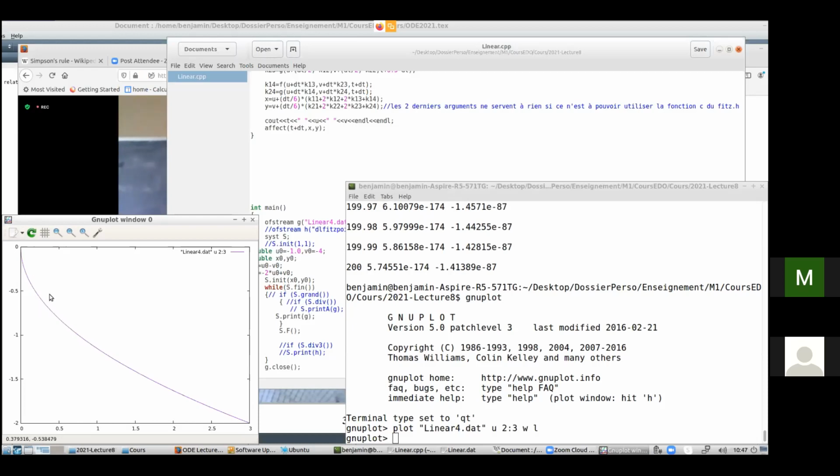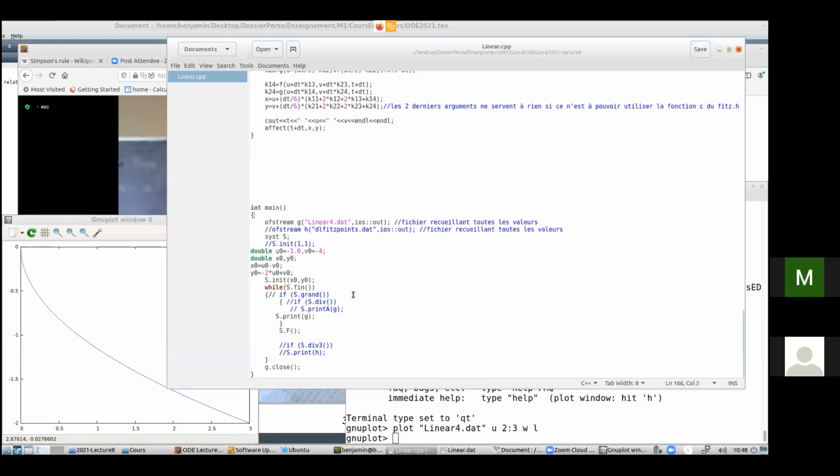So this is the solution in the y variable. Now, of course, if I set x of t equals p times y of t, I should recover my previous trajectory.